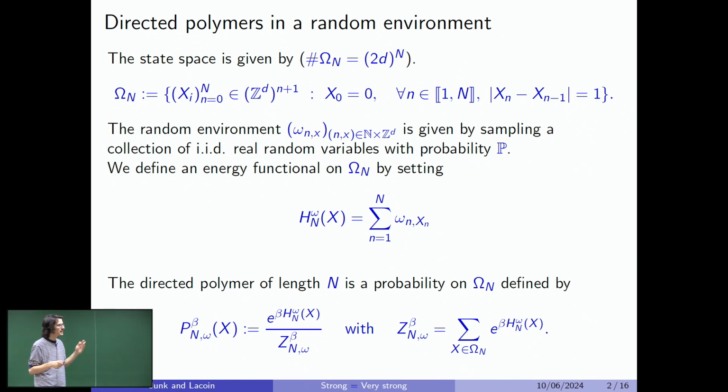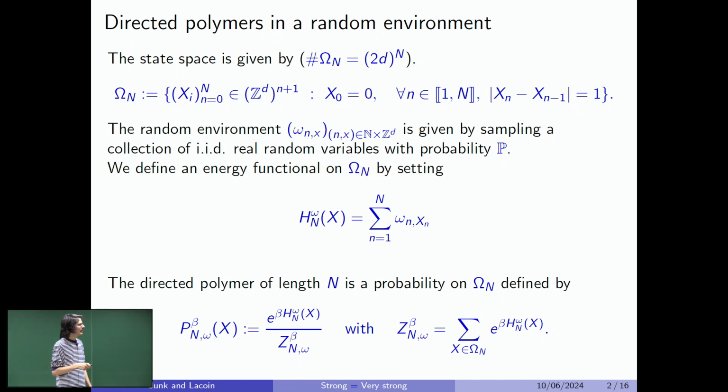Now we are going to define a probability on this state space. The first step to do that is to define an energy functional, defined in terms of an environment. By environment, I mean a bunch of numbers that are indexed by time and space. We are in a discrete setup, so time is the set of natural numbers and space is Z^d.